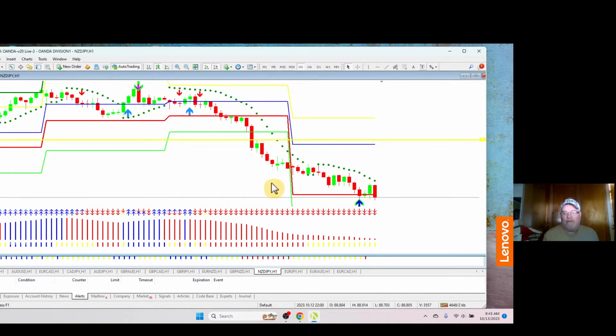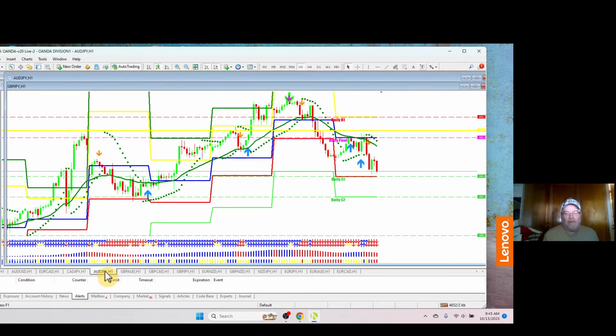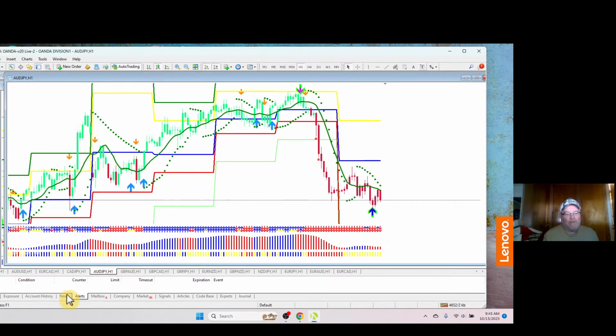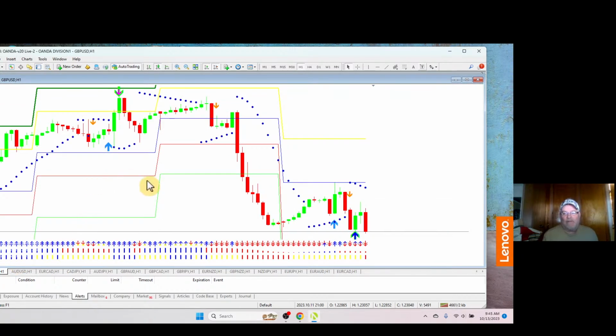See, I think all of these have got to go and make a lower low before there is action to the upside. Aussie yen, same thing. Aussie dollar, same thing. And pound dollar. Yep, we're going to get stopped out on the pound dollar. So we'll see how all these do or not do.